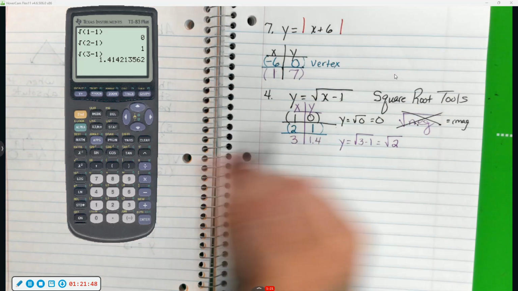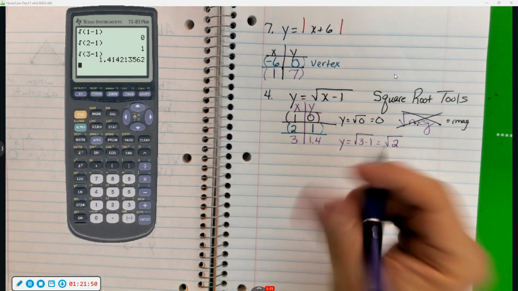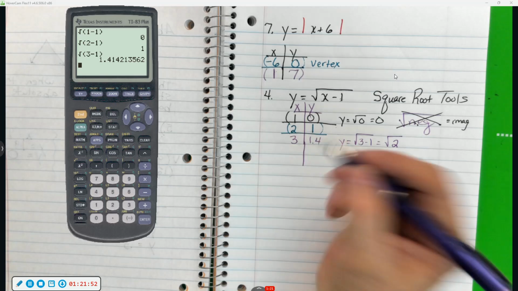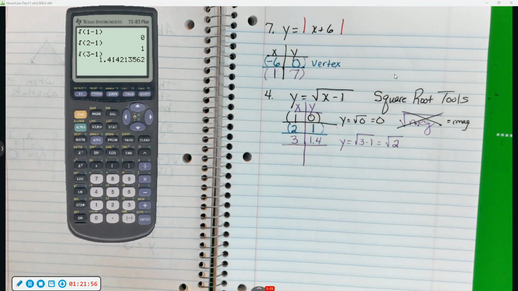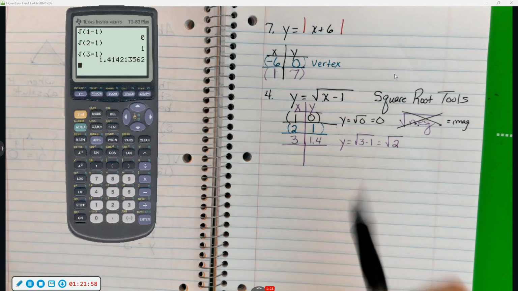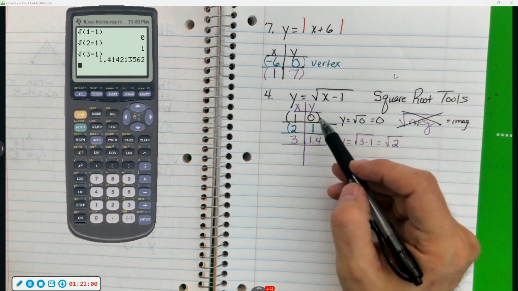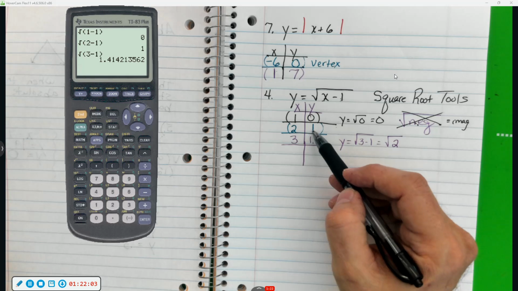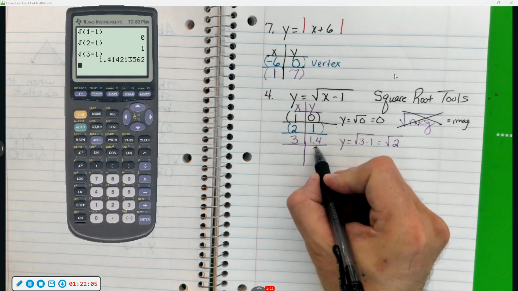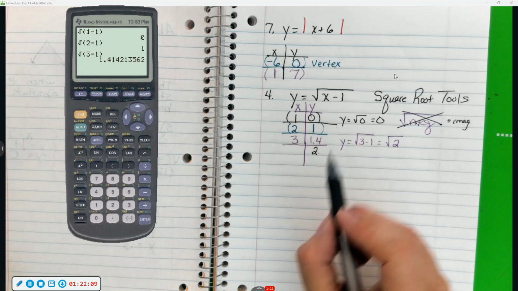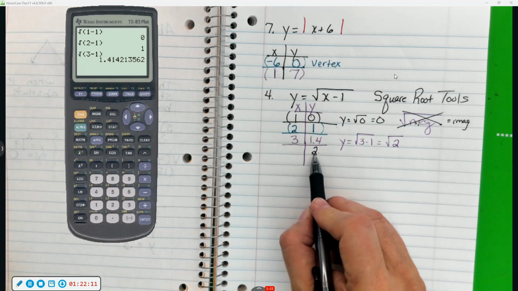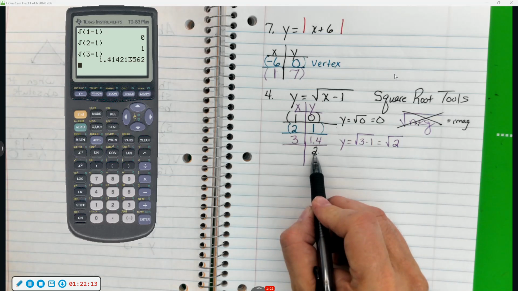I always like to ask this question. Most times students have no idea what I'm talking about, but I'm going to ask it anyway. What's the next number I could plug in here to not get a decimal number? We got a 0 for y, a 1 for y. What about a 2 for y? What would x need to be for me to get a 2 right here? A 5.